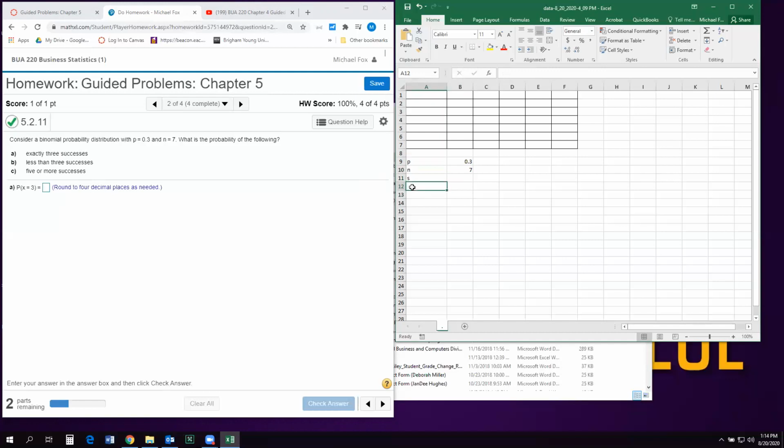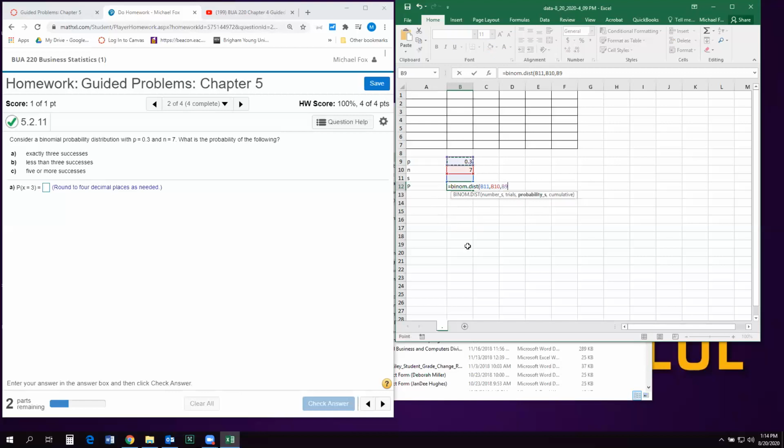So my probability, with a big P, I'm going to do this: equals BINOM.DIST, or binomial distribution. The number of successes is going to be this little s. The trials, or the number of times I'm going to try it, is n. And then the probability of success is 0.3.